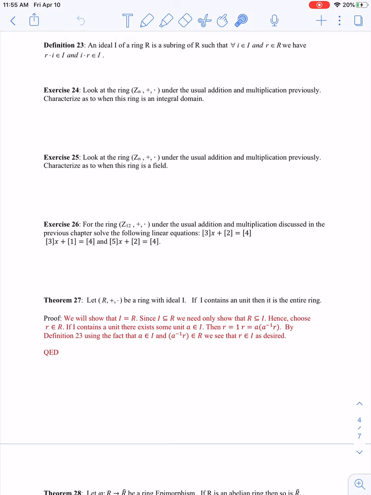A inverse R is in R. So I've got something from my ideal multiplied by something in R, and definition 23 tells me, since it's an ideal, then this whole thing has to be in I. Well, what is that whole thing? It's just R. Therefore, R is in I. So what I do, I pick something in R, and I showed it had to be in I. Therefore, R is a subset of I, and I am done.